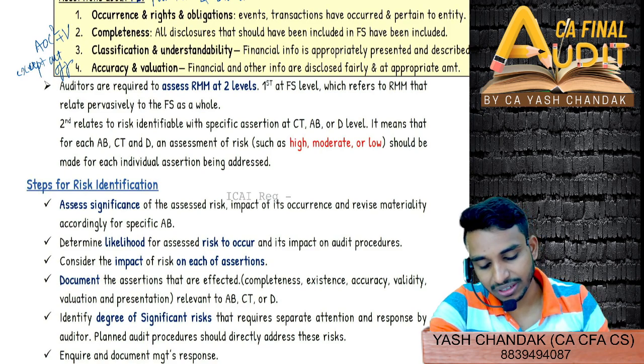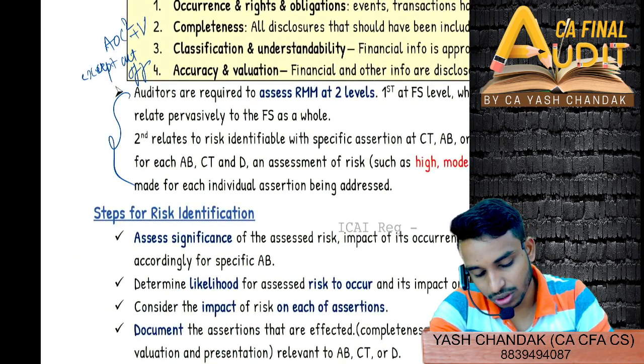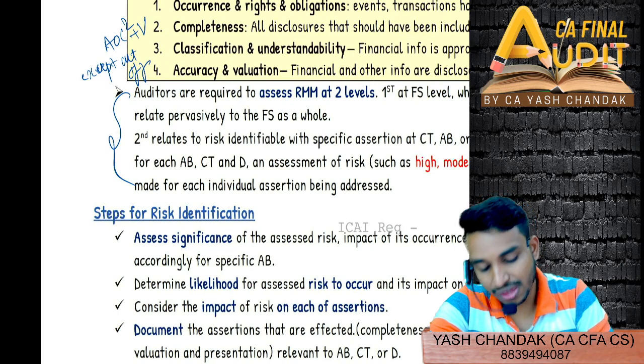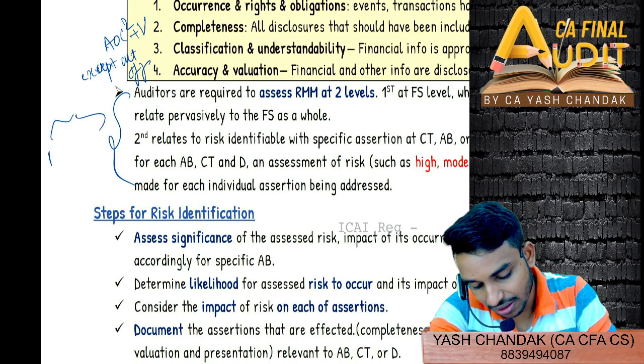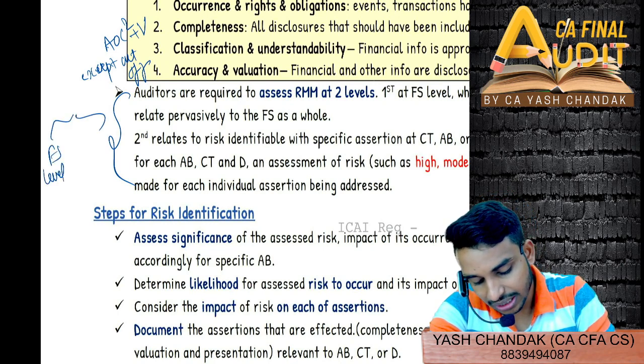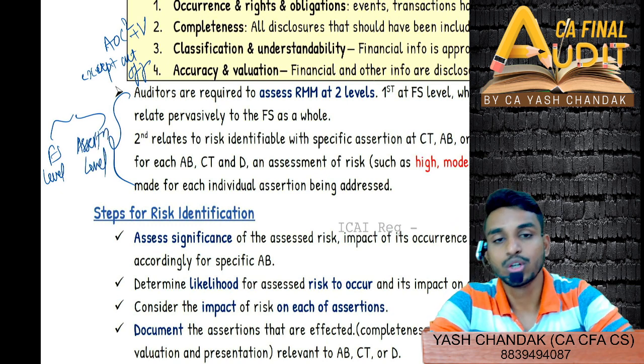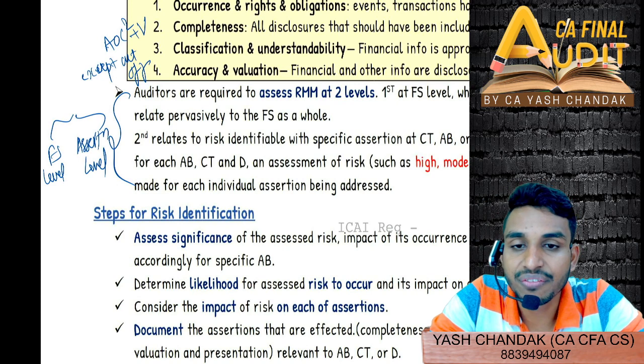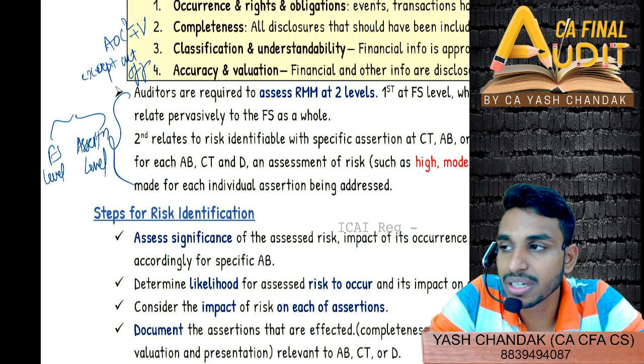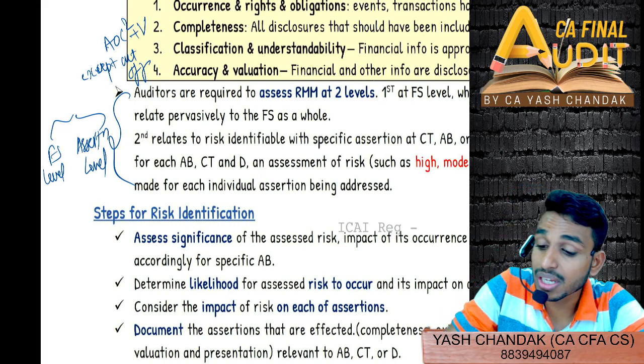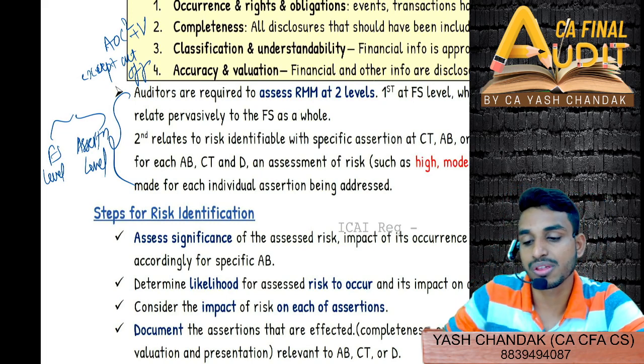This point we have also discussed, that we have to assess ROMM at two levels. One is financial statement level, another is assertion level. Do you remember SA 315? Why are we assessing ROMM at the assertion level? Quickly tell me anyone.